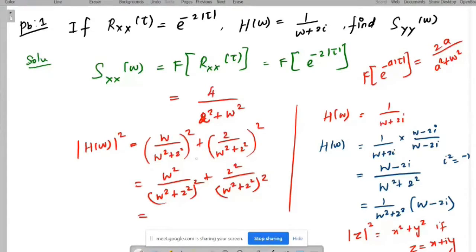If you add the numerators, you get omega square plus 2 square divided by omega square plus 2 square whole square. The numerator and denominator have a common term, so you can cancel one. From that you can identify the remaining term: modulus H of omega square equals 1 by omega square plus 4. Now, after finding these two values, I am going to apply the property.